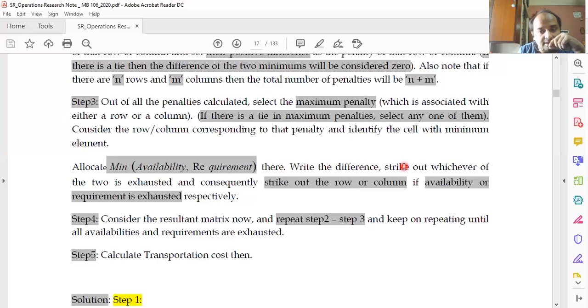Write the difference, strike out whichever of the two is exhausted, and consequently strike out the row or column if availability or requirement is exhausted respectively. This paragraph we have used several times in my last class, corresponding to northwest corner method, row minima method, column minima method and least cost method.